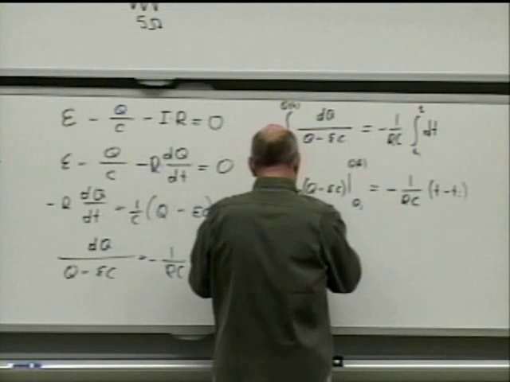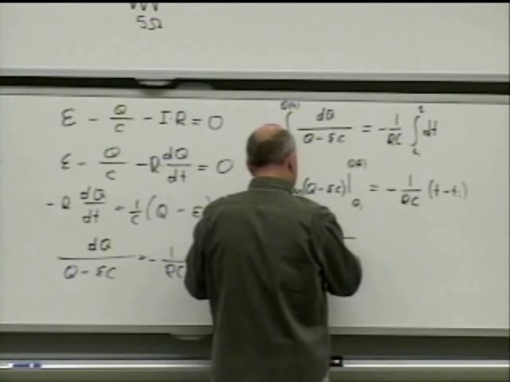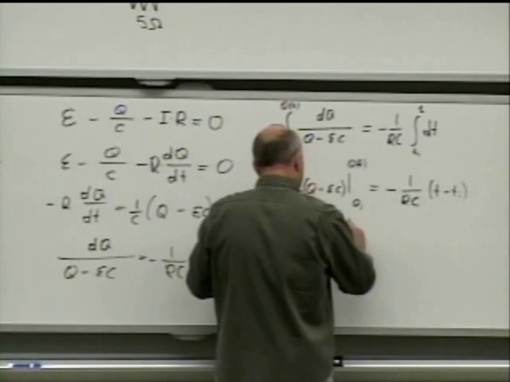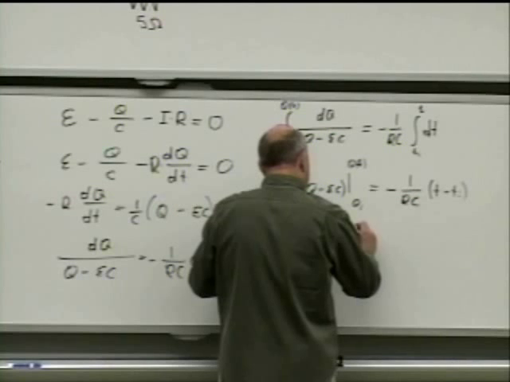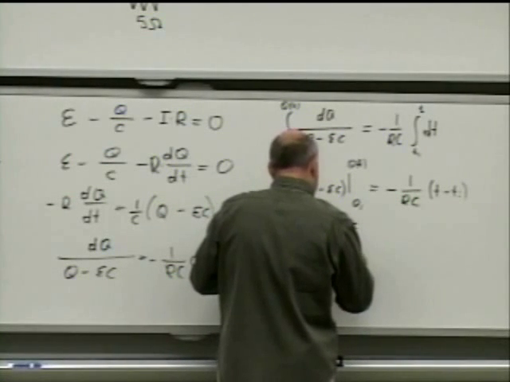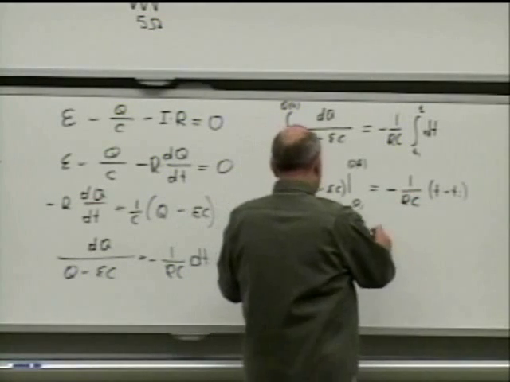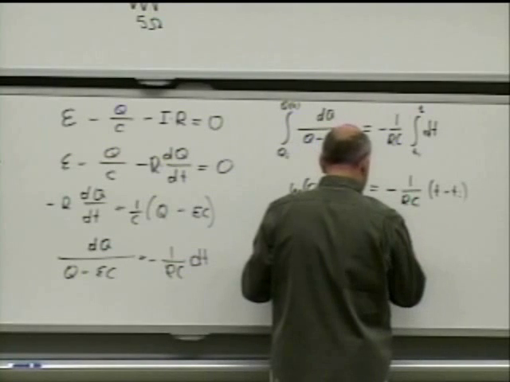Let's plug in the values. So we will have logarithm of q of t minus epsilon c divided by q initial minus epsilon c. And on this side I'm going to, well, I will just copy it.